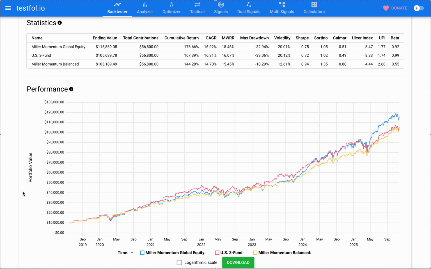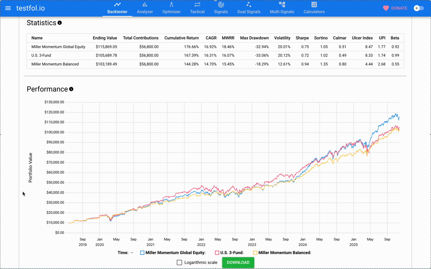And the returns from this balanced approach that has only 60% equities and a beta of 0.55, which means that it is half as sensitive to market movements up or down, so much smoother ride. It's getting you right neck and neck with a US 3 fund.